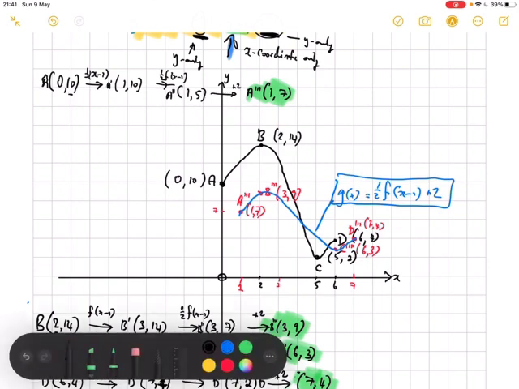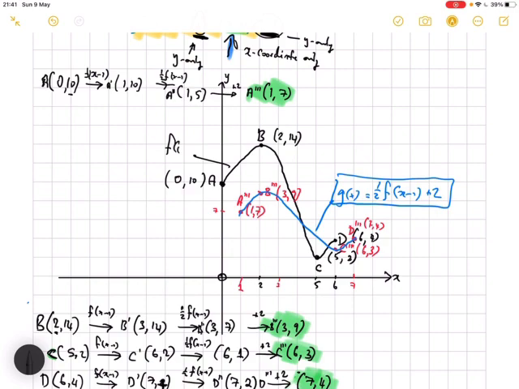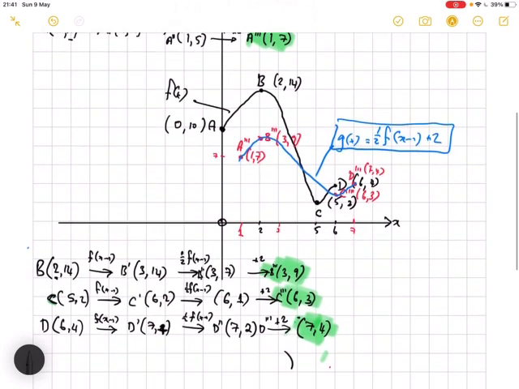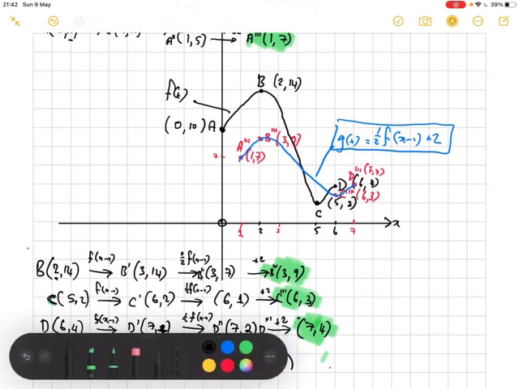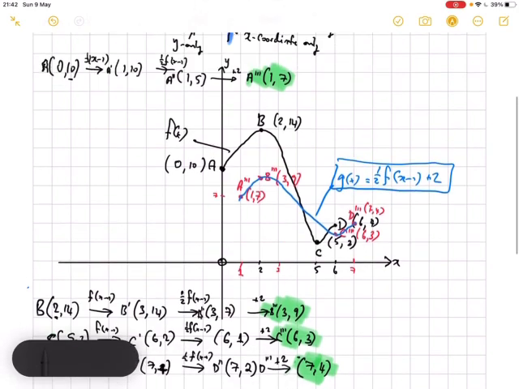Now that's really it. The only other thing that you can sometimes be asked is to write down a description of the transformation in words. So here I'll write the 3 things down. So the first one, x minus 1, let's do it in different colors. What color did I use above?